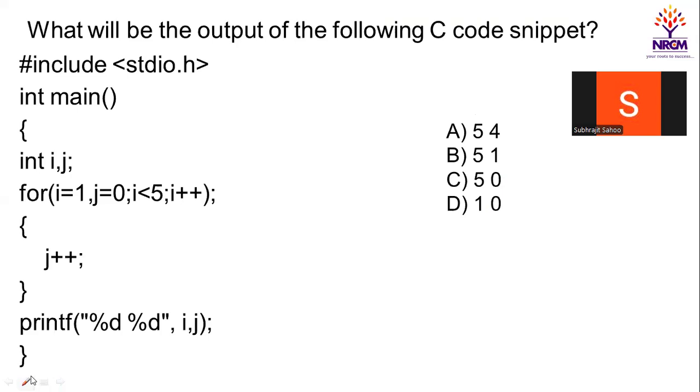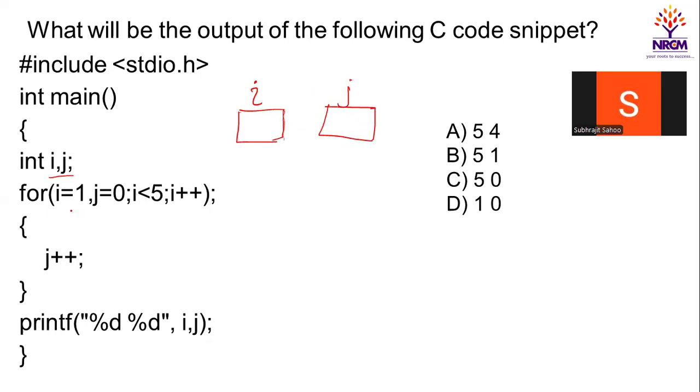What is given here? Two variables are given, i and j. So the i container will be created here in the memory, and the j container is also created in the memory.